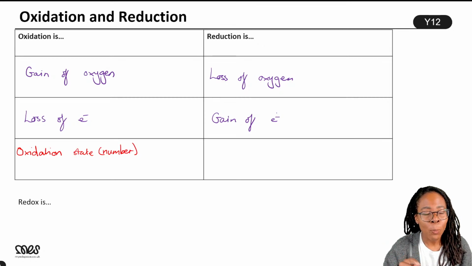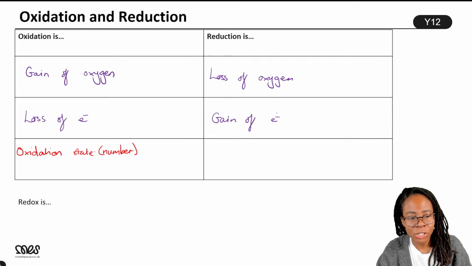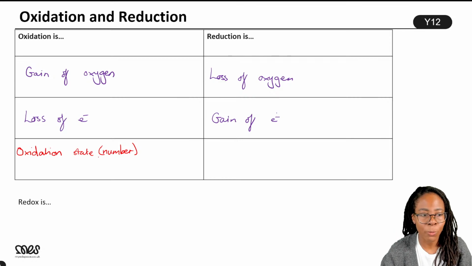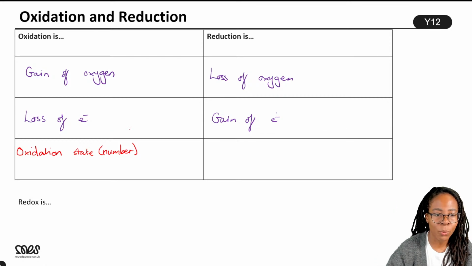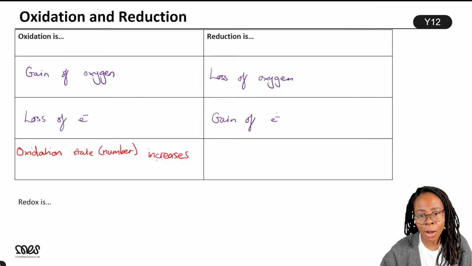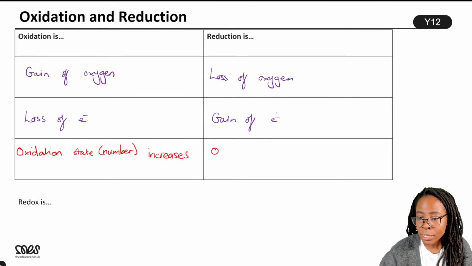For oxidation, what might happen to the oxidation number? Go up or go down, increase or decrease. If we're oxidizing something, the oxidation state will, lovely natural scientist, oxidation number increases. If something is oxidized, its oxidation state is going to go up. And if something is reduced, then the oxidation state or oxidation number decreases.